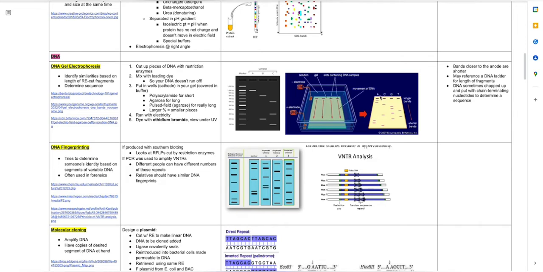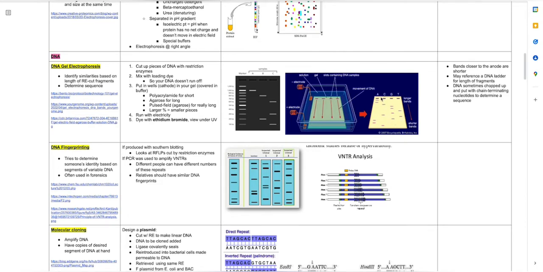So basically, you have identical DNA in each of these wells, and you mix in some chain terminating nucleotides, so only chain terminating adenines here, chain terminating cytosines, chain terminating guanines, and then thymines in here.